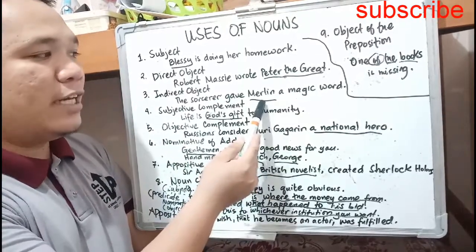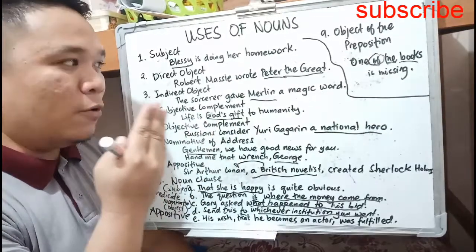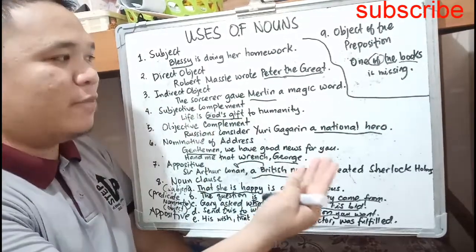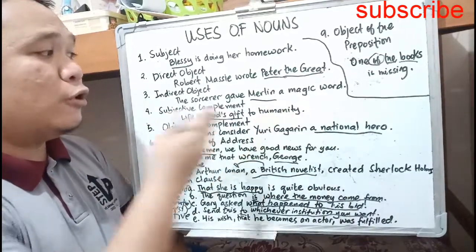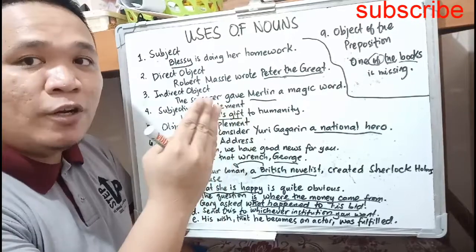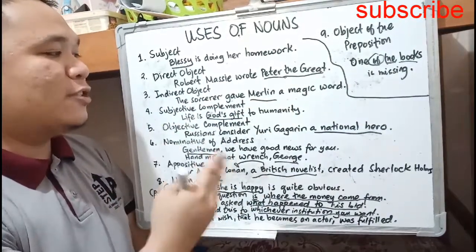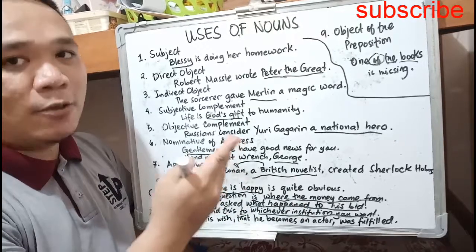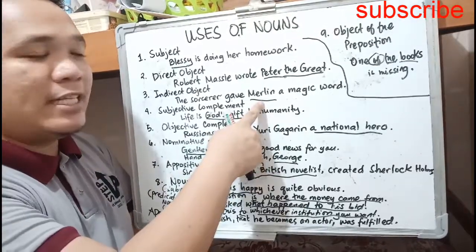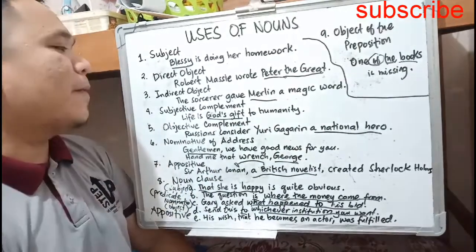The first one, the recipient, is the indirect object, and it goes first before the direct object, a magic word. It could also be: the sorcerer gave a magic word to Merlin. But to economize, you would just say the sorcerer gave Merlin a magic word. So the first one is the indirect object, the second one is the direct object.